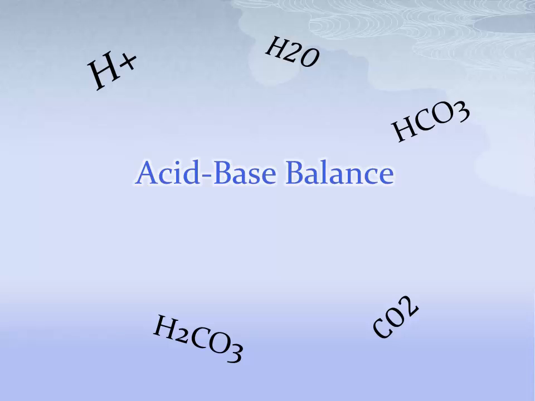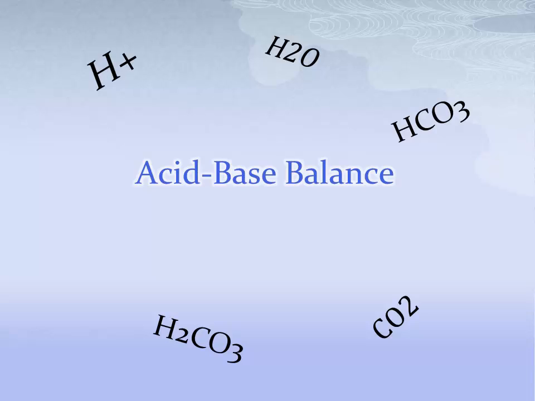And we'll talk about how that happens. And then when H2CO3 breaks down, it breaks down into a hydrogen ion and bicarb, or it can break down into water and carbon dioxide, depending on where the breakdown is occurring.